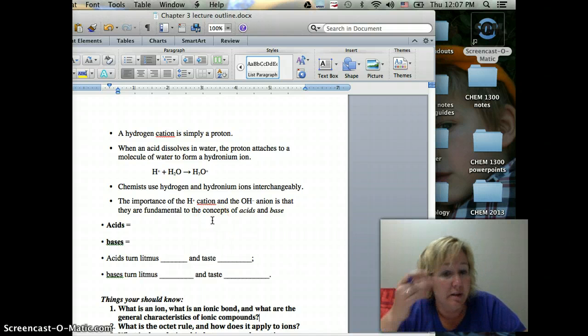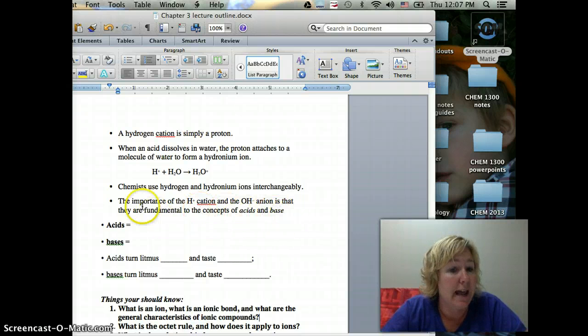The importance of this hydrogen cation and anion is that they are fundamental to the concepts of acids and bases.